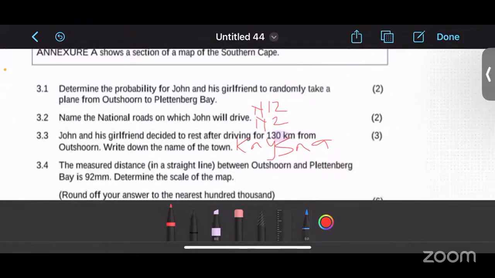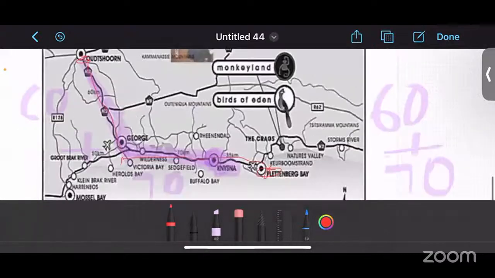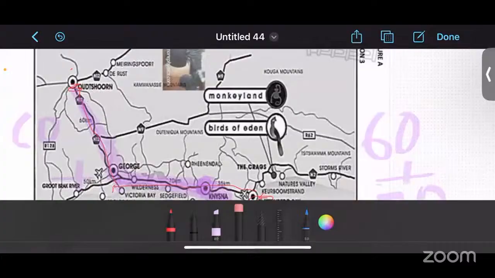Okay. Now they say the measured distance in a straight line between Outshorn and Plattenberg Bay is 92 millimeters. Determine the scale of the map. So they say when you use your ruler from Outshorn to here, I'm just going to try to wrap this so that this is as clear as possible.